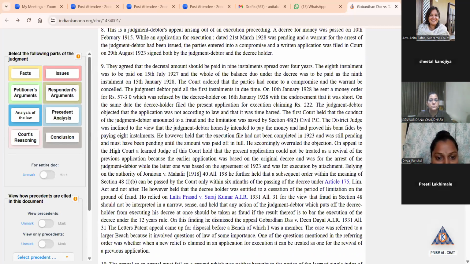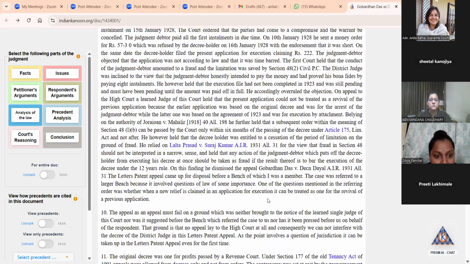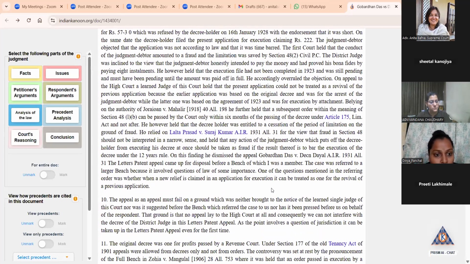He relied on Lalta Prasad versus Suraj Kumar AIR 1931 All 31 for the view that fraud in section 48 should not be interpreted in a narrow sense, and held that any action of a judgment debtor which puts off the decree holder from executing his decree at once should be taken as fraud if the result thereof is to bar the execution of the decree under the 12 years rule. On this finding, he dismissed the appeal. Govardhan Das versus Deccan Dayal AIR 1931 All 31.